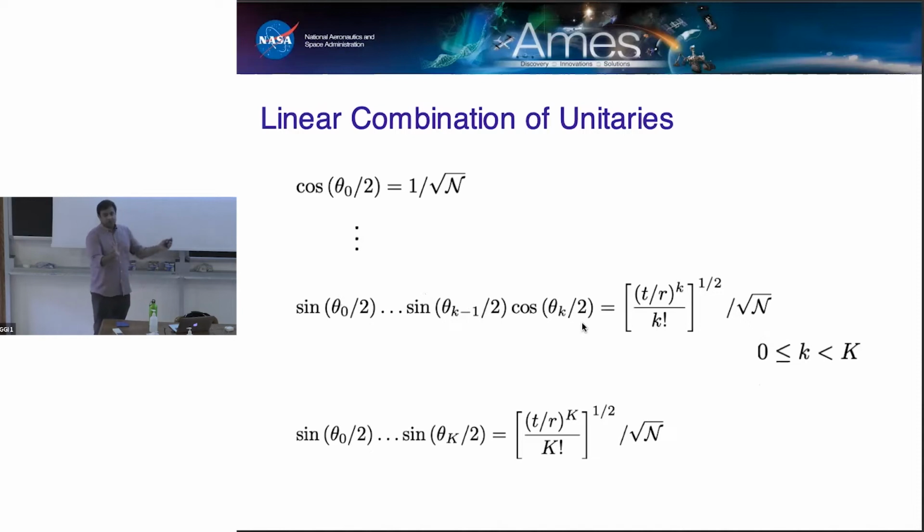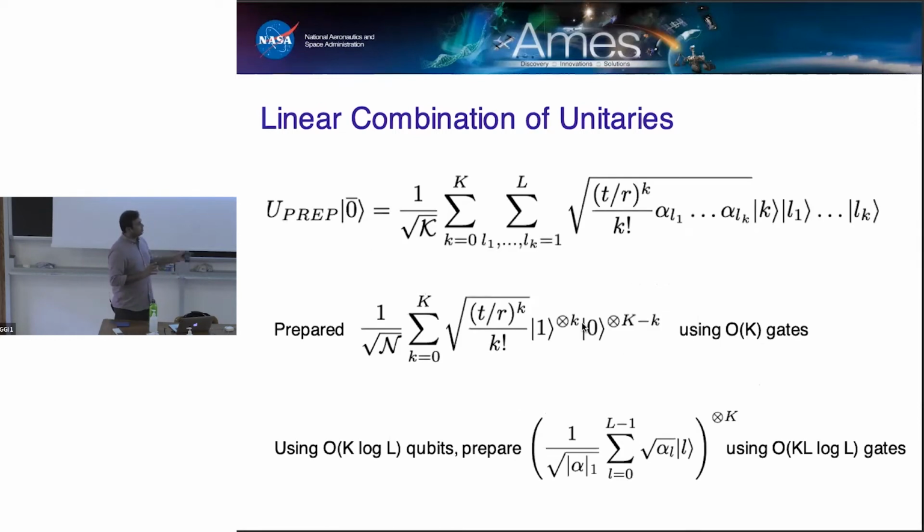So this you can of course do classically, and then figure out what the rotation angles are, and then just apply the circuit. And so this circuit, as we've just seen, is just going to use order capital K many gates, right? Because you just do a bunch of controlled rotations on the K qubits. Okay, so that takes care of the first part of the UPrep circuit.